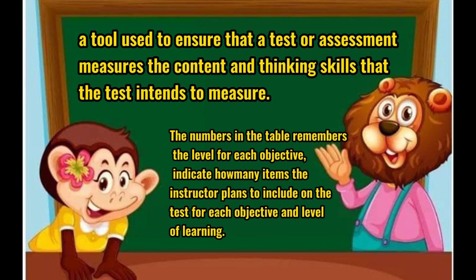Thus, when used appropriately, it can provide response content and construct validity evidence. And the main purpose of this is to identify the achievement domains being measured and to ensure that a fair and representative sample of questions appear on the test.